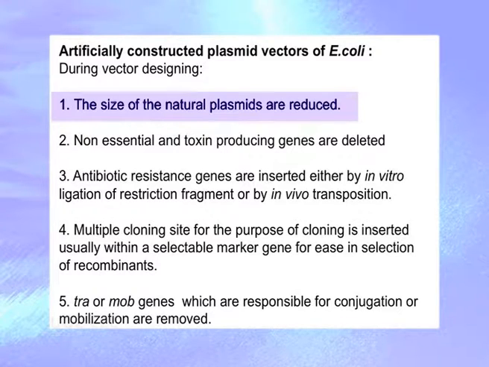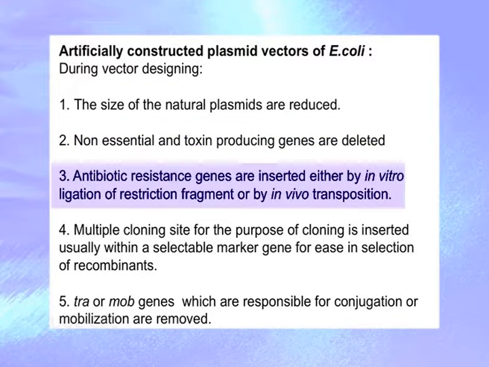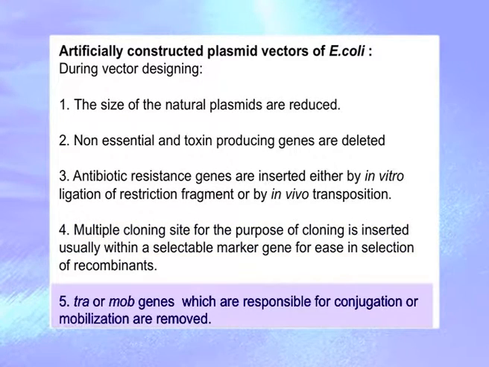Number 1, the size of the natural plasmids is reduced, and the non-essential and toxin-producing parts are deleted, and antibiotic resistance genes are inserted using in vitro methods. Multiple cloning sites according to our needs are introduced, and tra and mob genes are deleted because we are trying to do genetic modifications. So, we really don't want the spread of these artificially generated plasmids.